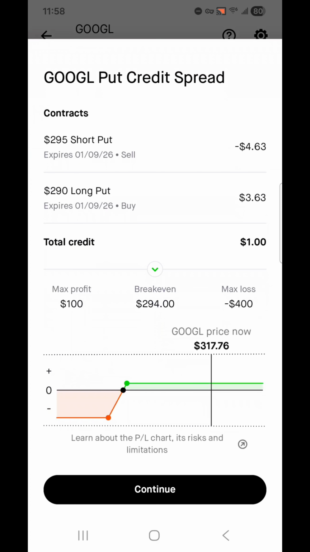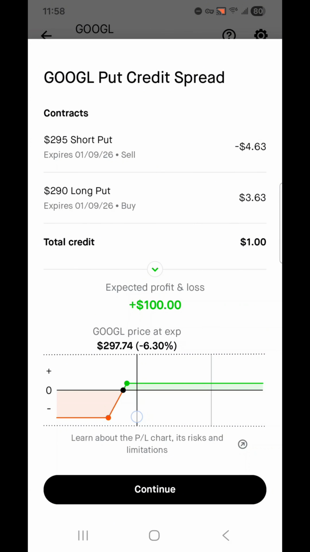This is a risk to reward ratio of risking $400 to make $100. That's 4-to-1, and it gives us a healthy 7.5% run there for the stock to move down. So kind of lots of room, I think.